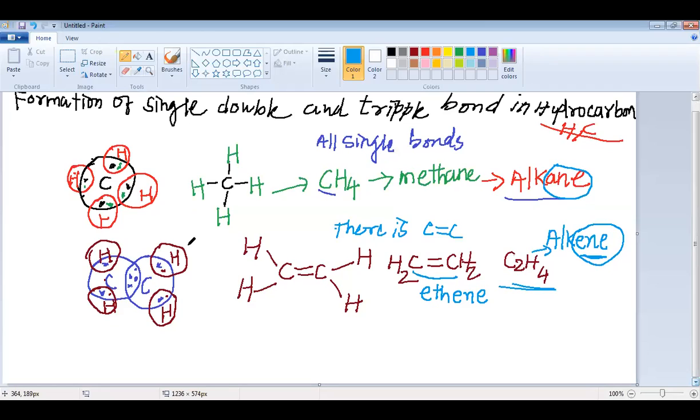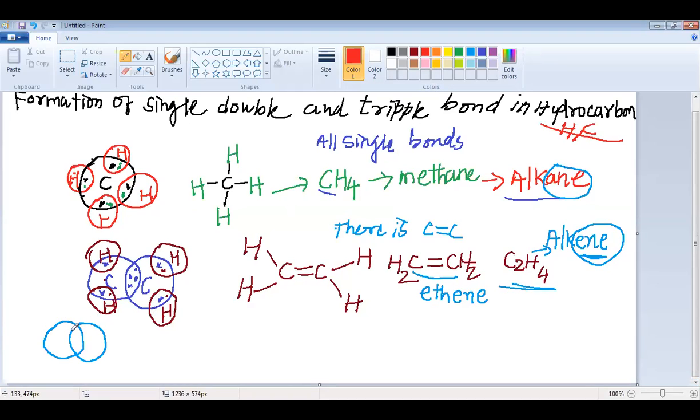Now we'll try to understand the triple bond, how this triple bond is possible in the compounds of carbon. Let us try to see and understand it. Suppose, my dear students, we have two carbons. These two carbons share their electrons.